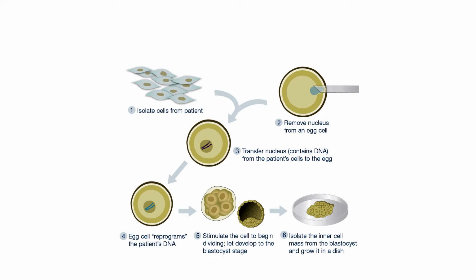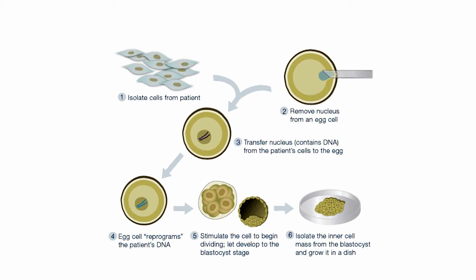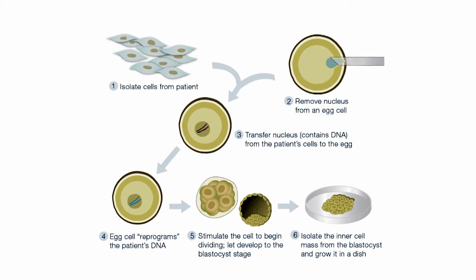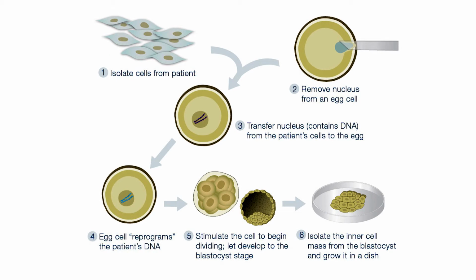Because they can differentiate to form any cell type, they are called embryonic stem cells. This experiment showed that nuclear transfer in a primate, which researchers had tried for years without success, was possible. It opened the door to the possibility of human therapeutic cloning, creating individual specific stem cells that could be used to treat or study diseases.